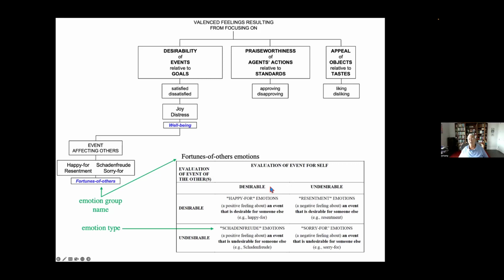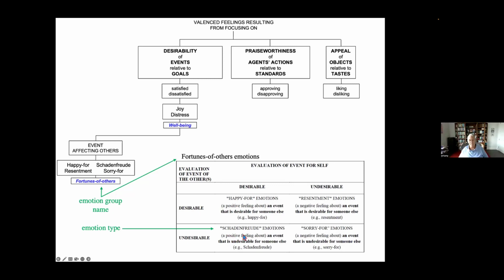All of these variables, desirability and undesirability, are from the perspective of the experiencing person or agent. That is, the person, agent, I'll call it person for the moment, has to view what's going on as desirable, has to view it as undesirable, it doesn't matter whether it's objectively desirable for the other person.